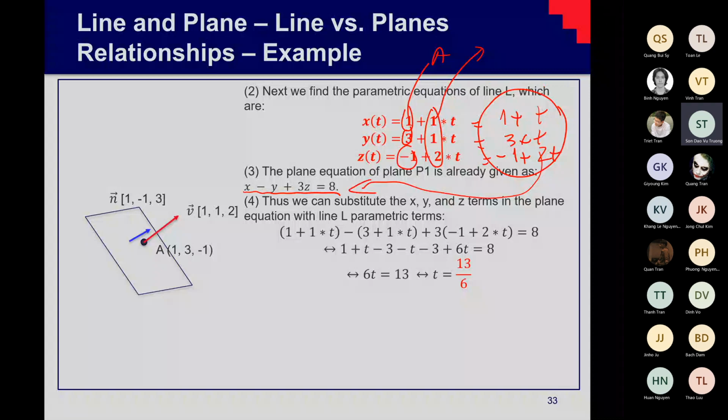So we have 1 minus 3 minus 3, 8, put it to the other side, we have 13. This is t minus t plus 3 times 2t, that is 6t. So 6t equals 13, and this means t will be 13 divided by 6.